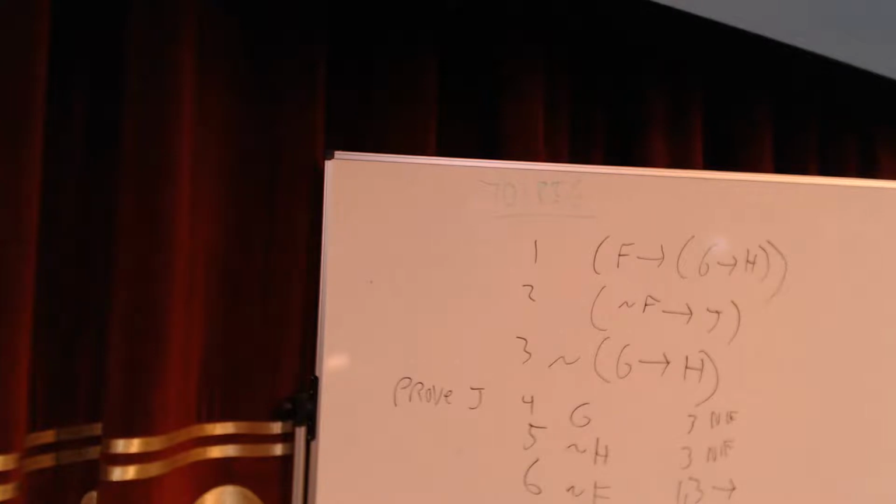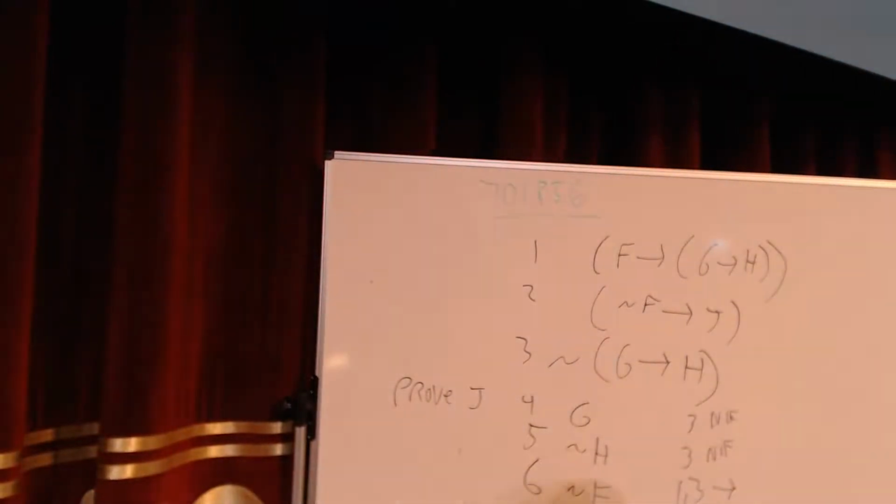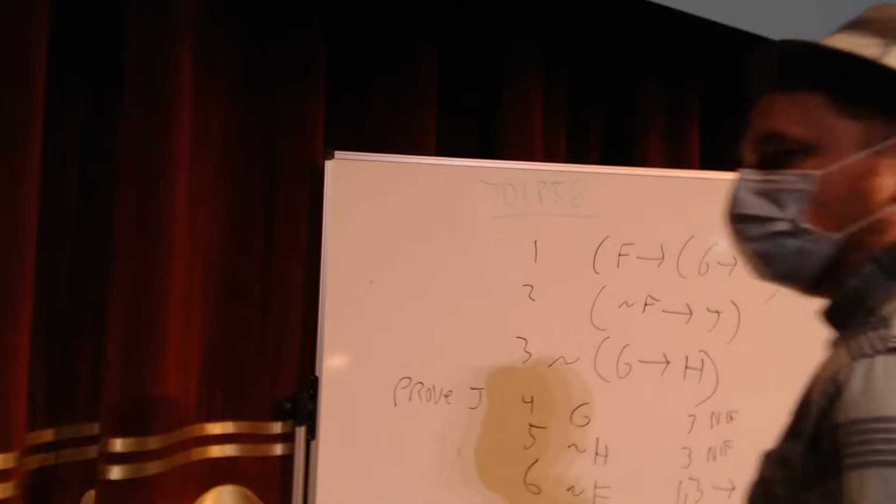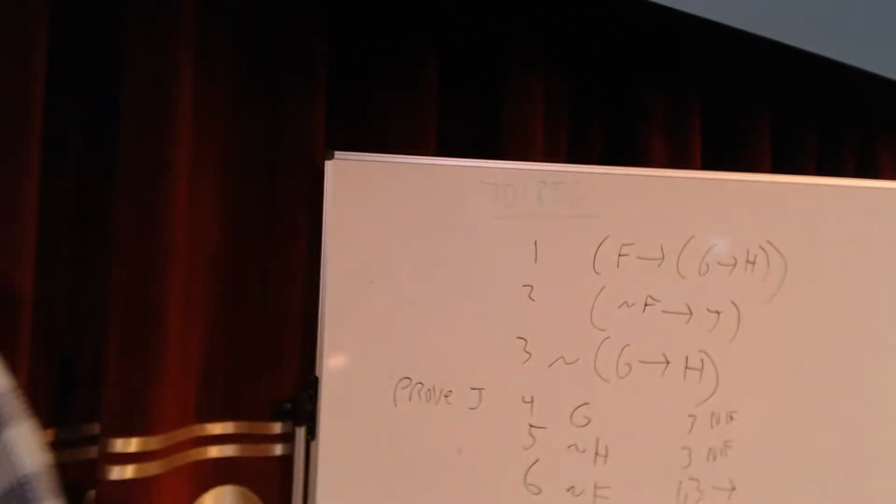We're trying to prove S. So here we want to ask ourselves, what's going to be my next to last step at the end? To get the S at the very end, we're going to need an F. So I can look and see that my next to last step is going to be to use an F to get an S.